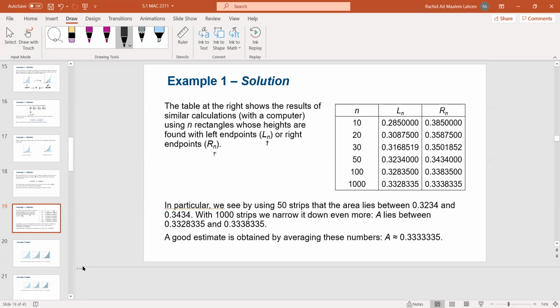So you can see that for 50, 0.32 and 0.34, but with 1,000, it's 0.3328, 0.33. It's like they're converging to a number, which is this. So that area, by taking more strips, we converge to the correct area.